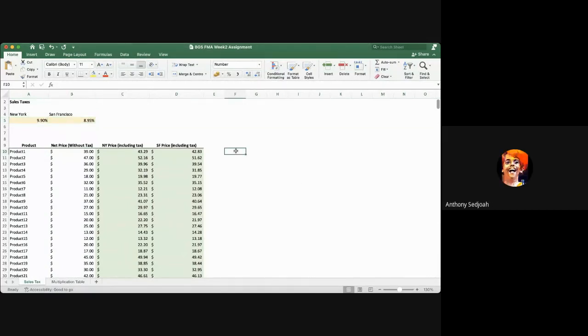So now let's do this ratio and proportion thing. So 1 minus the 9.9%, let me put it in percentage terms, 90.1%. It means 90.1% is this 39. Do you get it up to here?